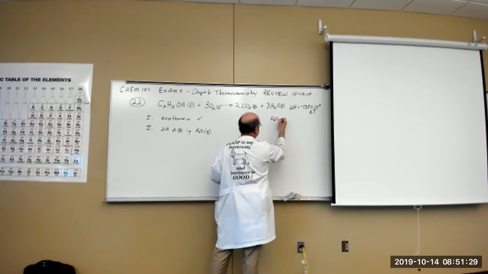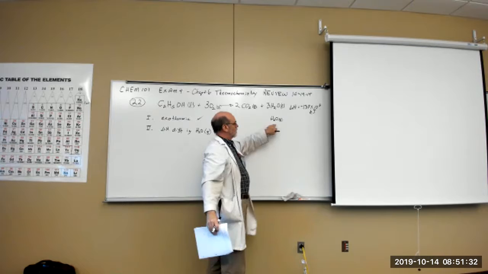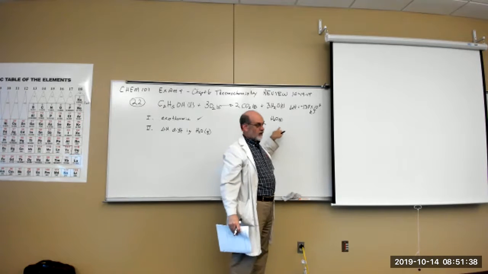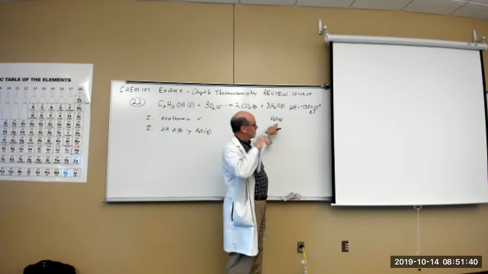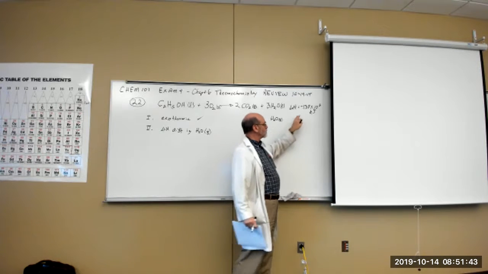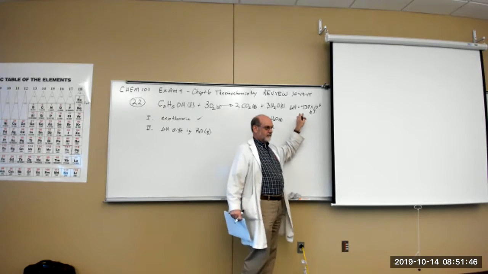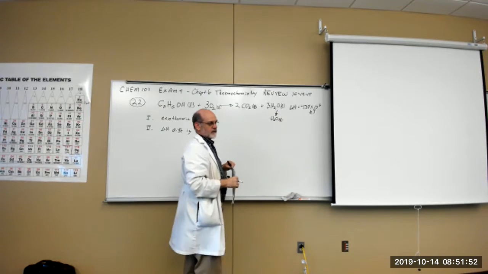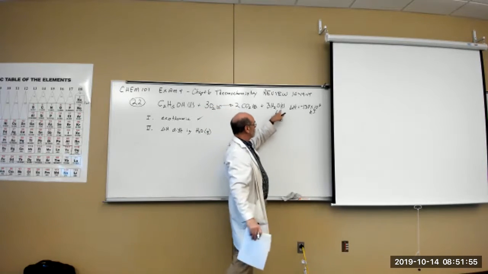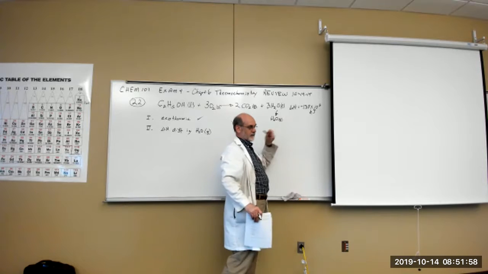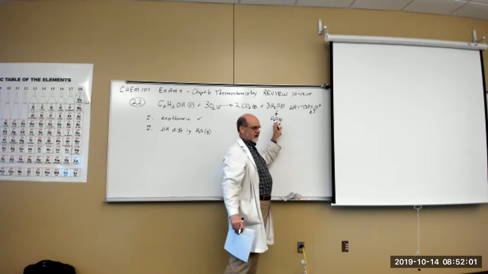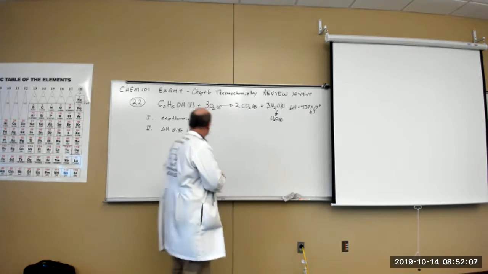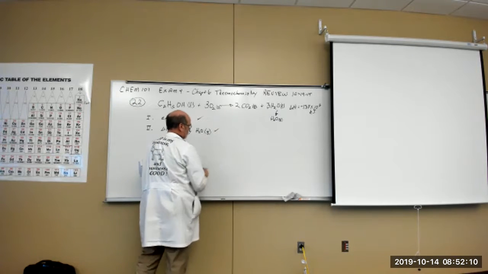If we ended up with water gas over here, that gas would absorb some of this energy. It would not be released. It would take some energy to keep that liquid in the gaseous state. So that would change this value, because we know that process is endothermic. It absorbs energy to take a liquid to a gas. That's a positive value. Combined with this would give you a less negative value. So yes, the delta H would be different.